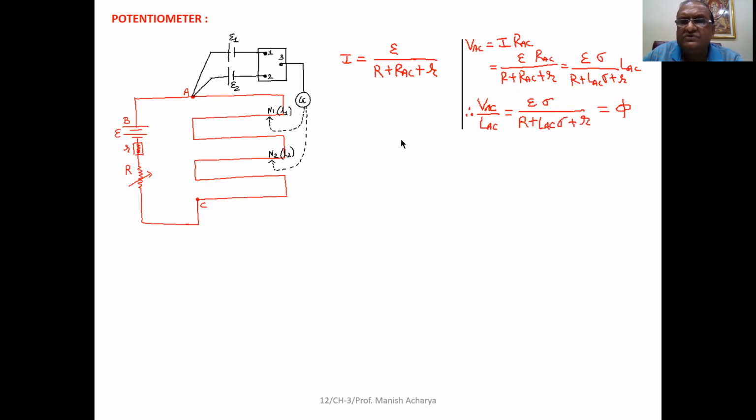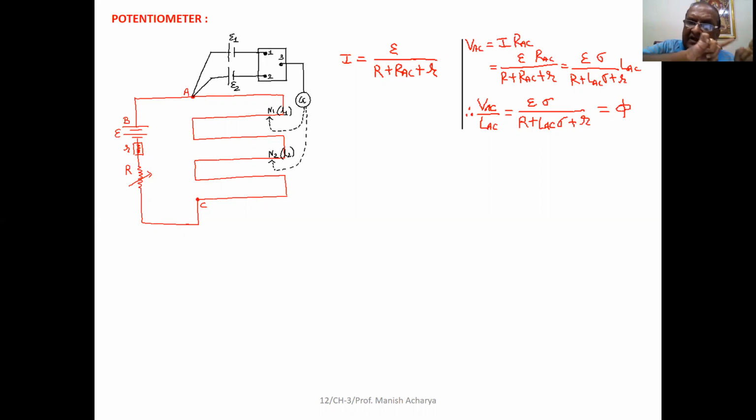Now here, suppose the resistance per unit length of the wire, that is sigma, then total resistance of this wire, that we can write RAC equal to sigma into LAC, where LAC is the total length of the wire. Now this is the potential difference across entire wire.